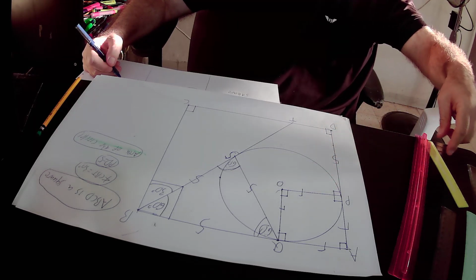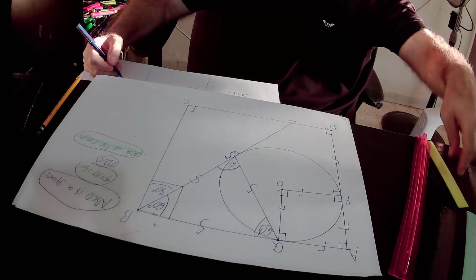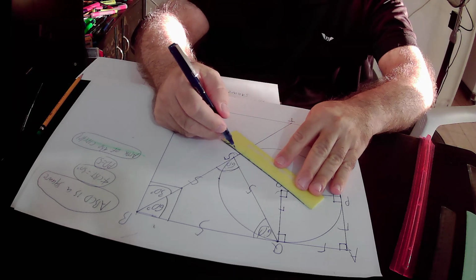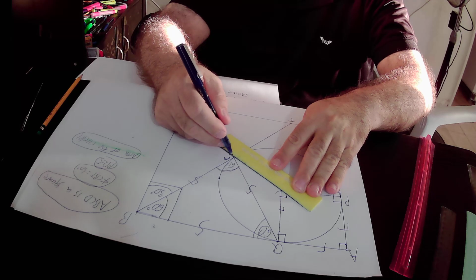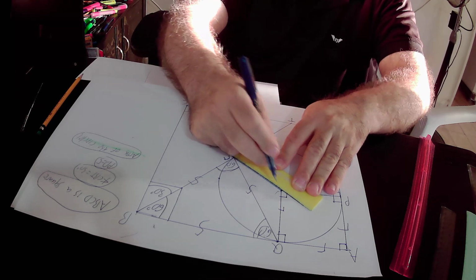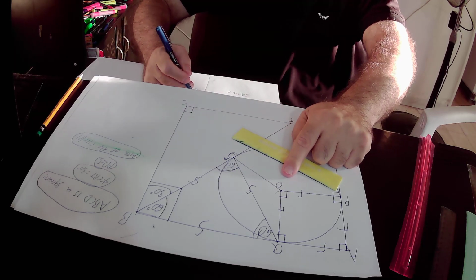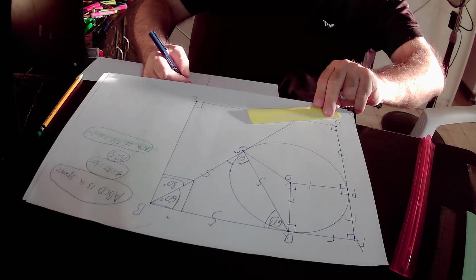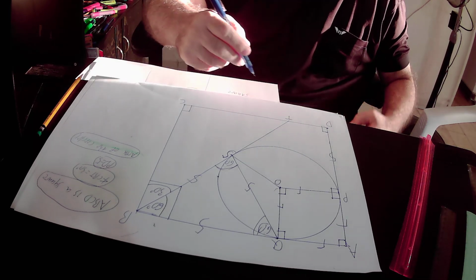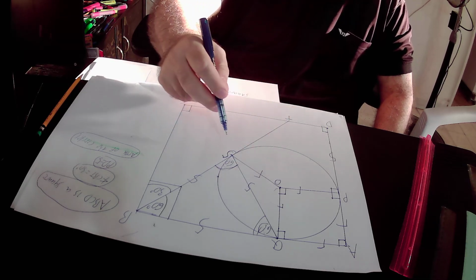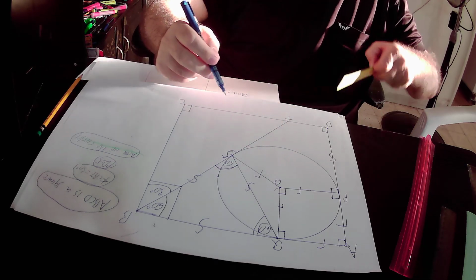In the next step, we will join points O and S together by a straight line. Point O is the center of the circle, point S is a point on the circle itself. Therefore, OS is the radius of this circle, equal to R. We have the radius OS drawn to the point of tangency.